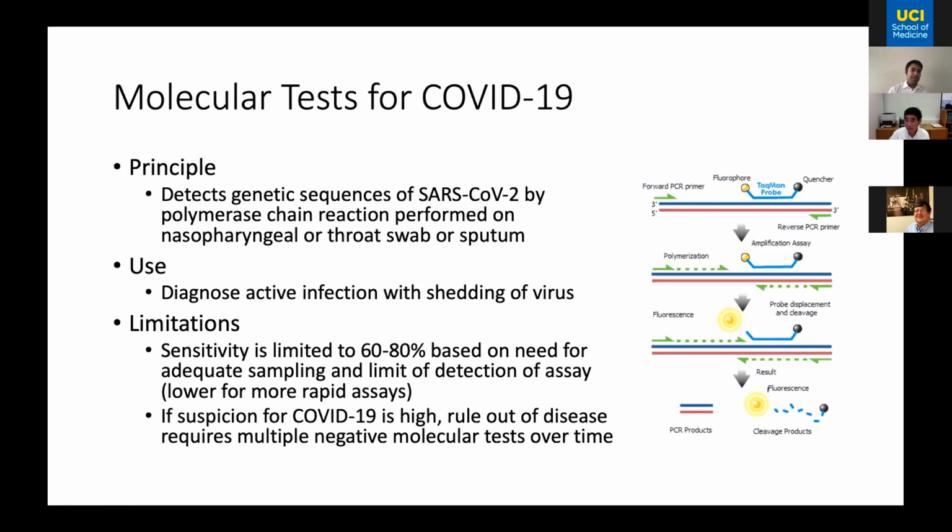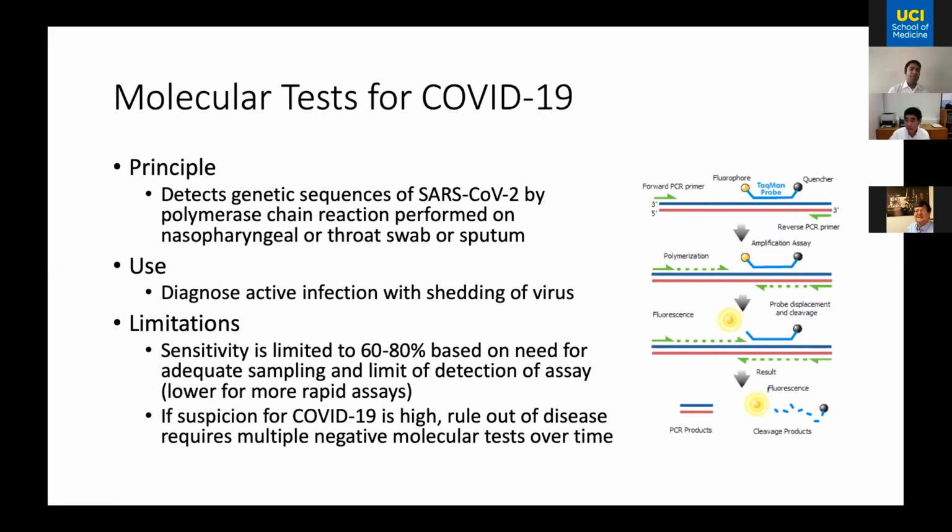And this is used for diagnosing active infection where you have shedding of the virus. Now, some of the limitations here are the sensitivity is limited for these tests to about 60 to 80% for two reasons. One is that you need to get a good sample.